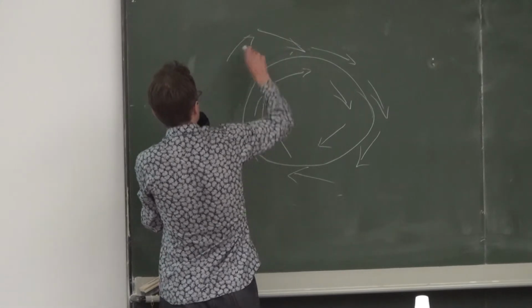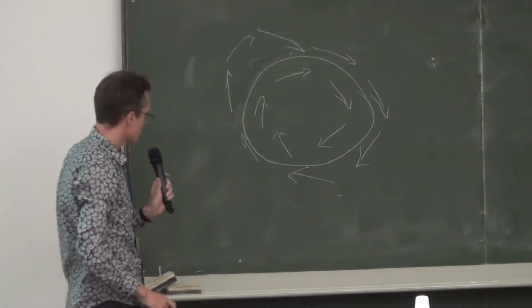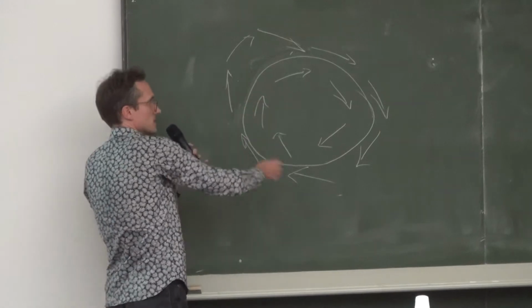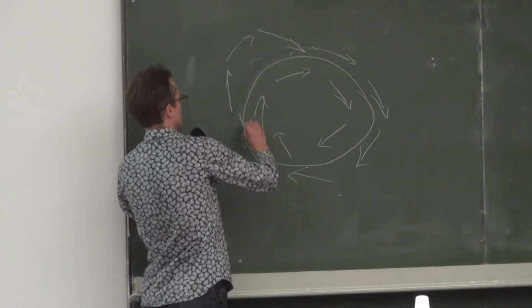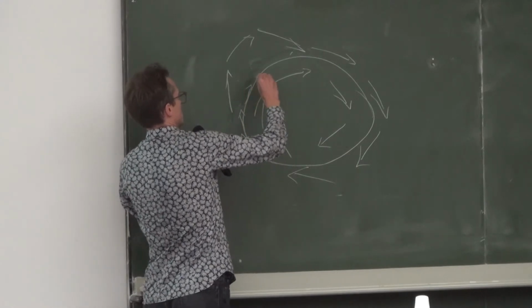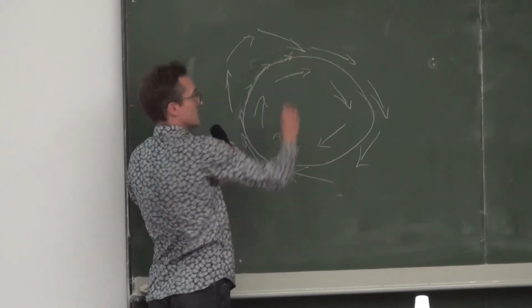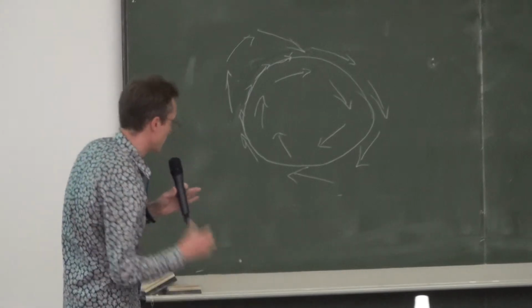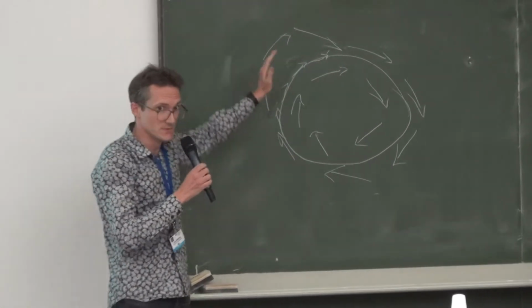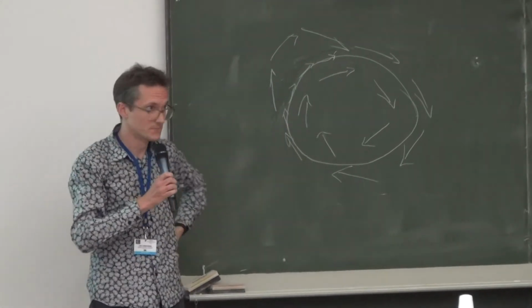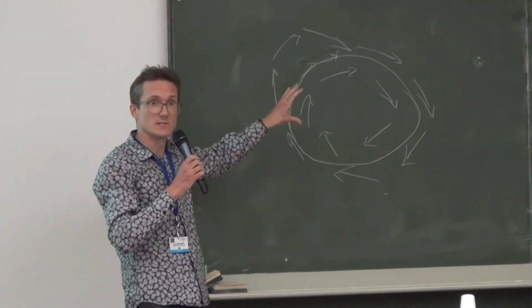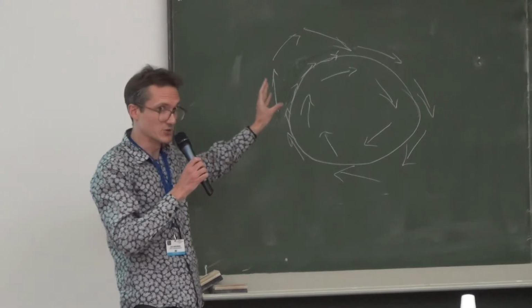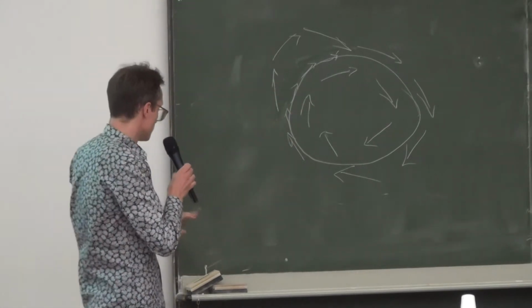So my submanifold doesn't look so good. And one chooses a submanifold, in this case a circle, and projects the vector field onto the tangent space of the circle. And that's going to give you a differential equation on your submanifold. And that's the essential idea, that we hopefully reduce the dimensionality by restricting to submanifolds.